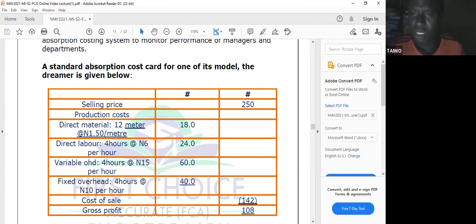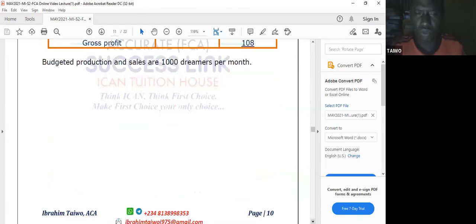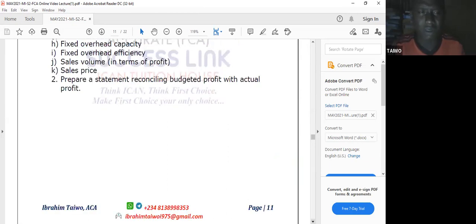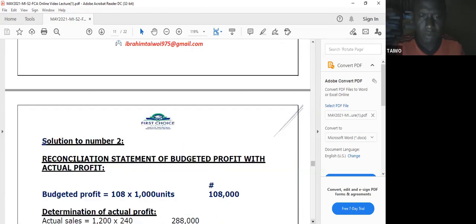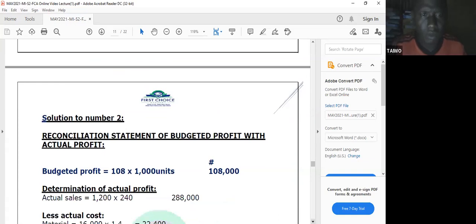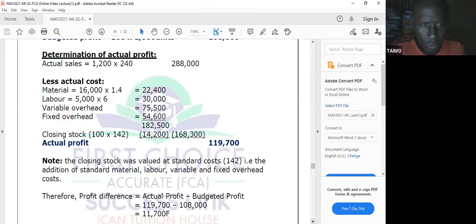So you value the 100 using what? 142 naira. So after getting that, I mean, 14,200, not even 142,000. 100 units times 142 is 14,200. If you remove it from 182,500, you have 168,300.